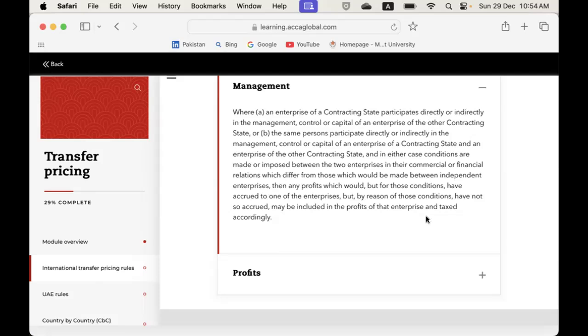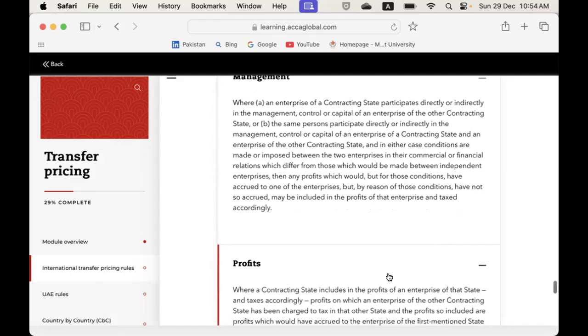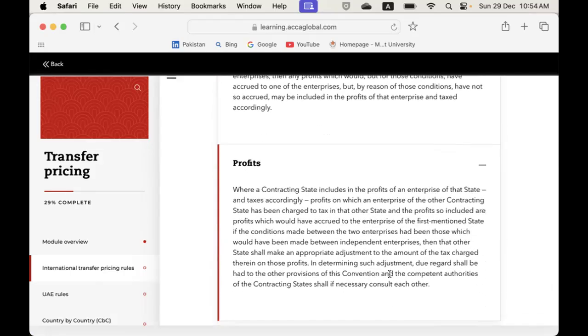In short, the second point was on profits.